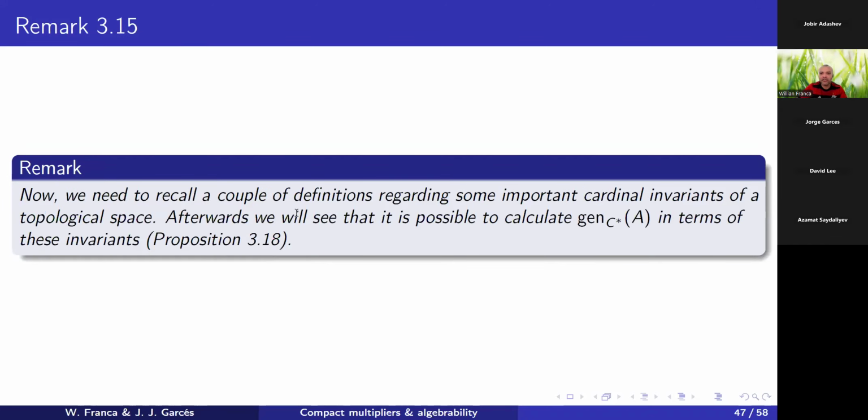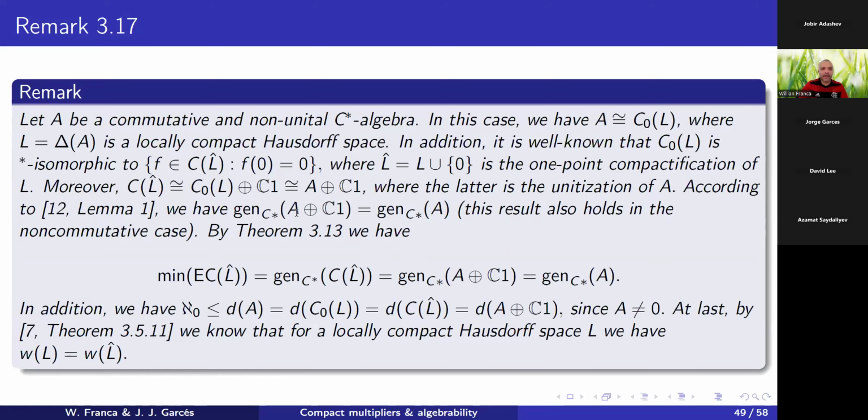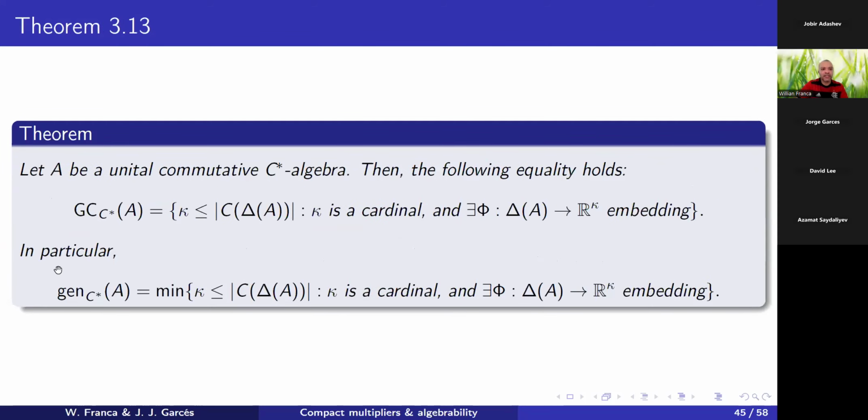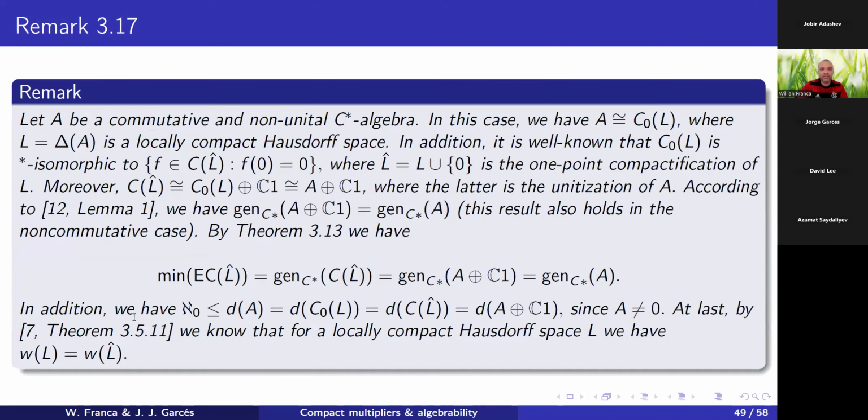I think I'm pretty much running out of time, so I'm not going to overwhelm you guys with more definitions. But the thing is, we can use some topological invariants in order to compute this number here, gen C-star A. I'm just going to tell you guys the result.